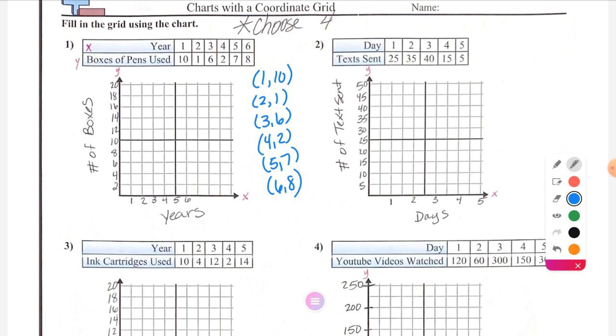Hutley. 1, 10, you go over 1 and up 10. Yeah, we go to the right to the 1 and then up to the 10, which would be about right there. 2, 1. Why was this one harder to graph, Fisher? Because there's no 1 on the y-axis. So there's no 1 label. Does that mean it doesn't exist?